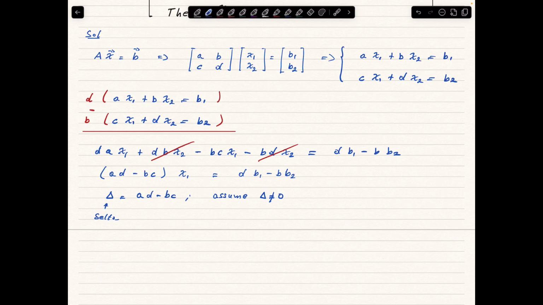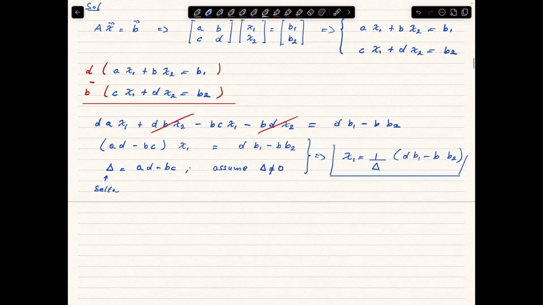So with all that, then we got our solution. x1 is going to be 1 over delta. That's why it has to be different from 0, of course, and then d b1 minus b b2. And this is how we compute the first component in the solution, x1.